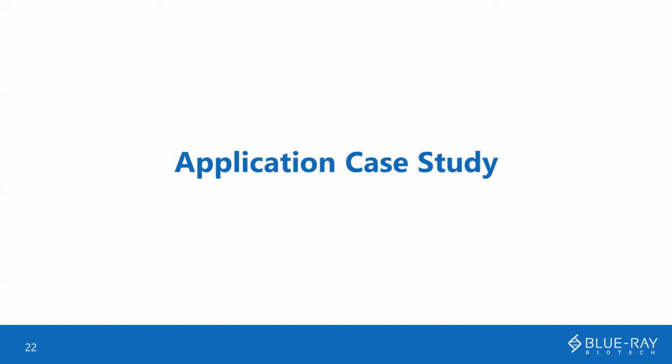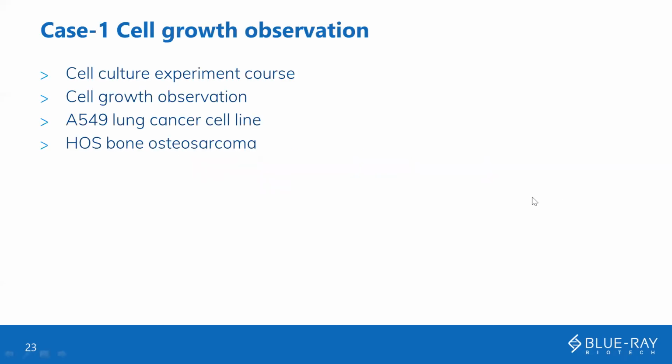Okay, next I want to share with you the latest EzScope applications and how it can assist our research. So the first case is from a university cell culture experiment course. There are students in this class.